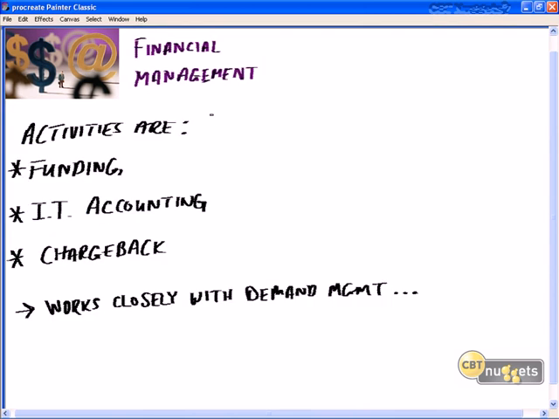There are three main aspects of financial management as it relates to the strategy of IT service delivery. Three main activities, and I mentioned one of these already, but the first activity is the process of funding. This comes down to costs and the bottom line dollar, predicting our future needs for the amount of money we need to deliver the services that we're offering.